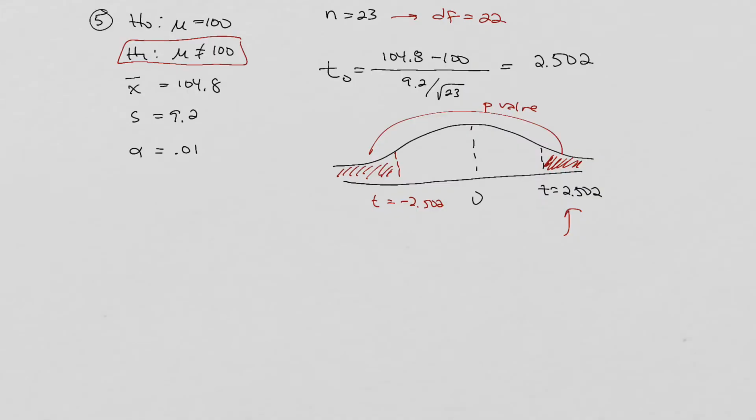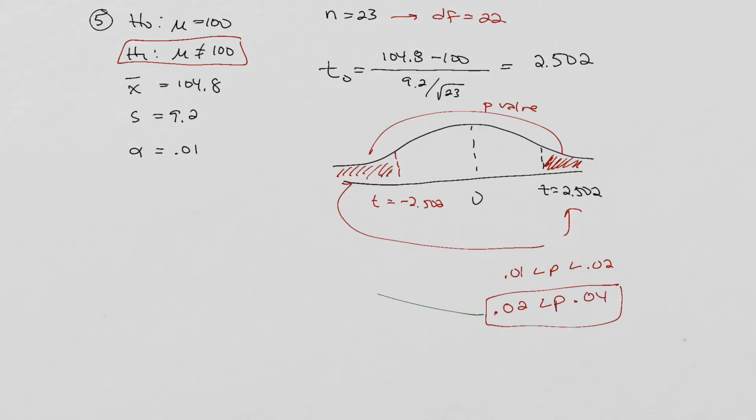So here it was between 0.01 and 0.02. Then when I multiply it by 2, I get the p-value is between 0.02 and 0.04. Okay? Now, how does that compare to alpha? Well, the p-value is bigger than alpha, so that tells me that I do not reject here. Sorry, I was flipping back and forth between the wrong pages there.